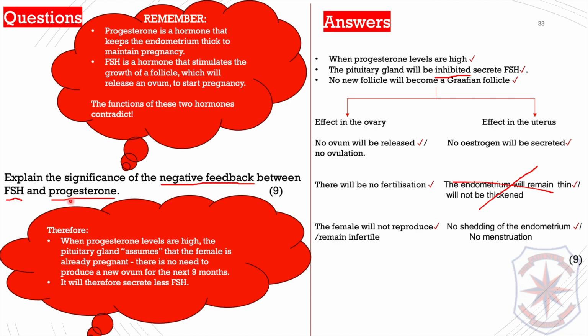And by progesterone levels being high during the pregnancy period, that will block the pituitary gland from secreting FSH. And the effects on the ovaries are as thus, and the effects on the uterus are as thus. Okay, guys, let us move on to the next question.